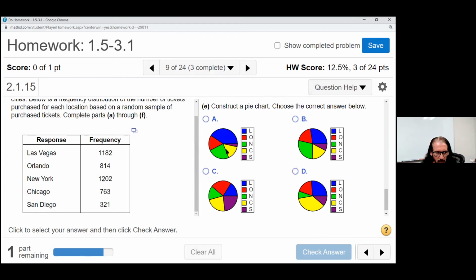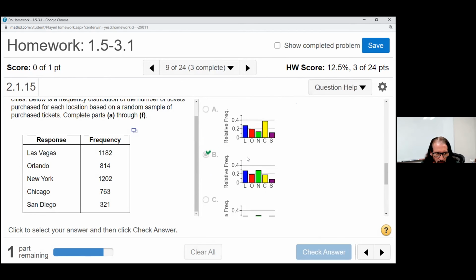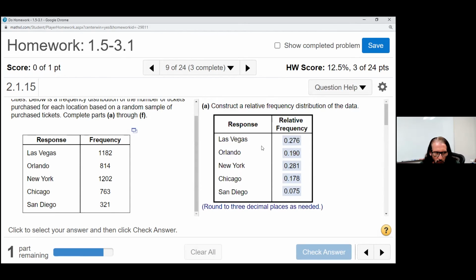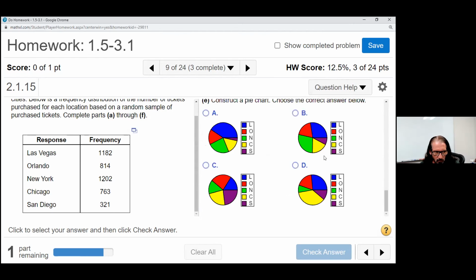As for a pie chart, looking at the table there, we should see Las Vegas and New York as more than a quarter of the pie. Las Vegas is in blue and New York is in green. Now hold up. Look how much bigger in choice A Las Vegas is compared to New York. Quite a bit bigger.